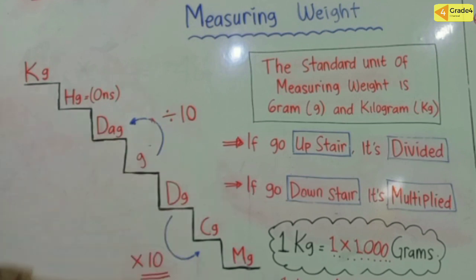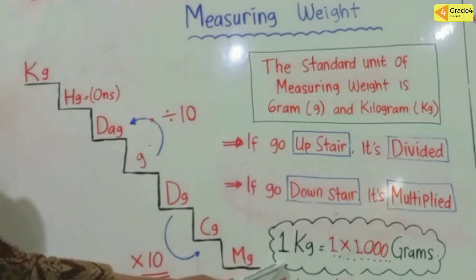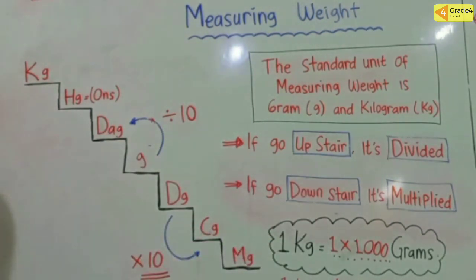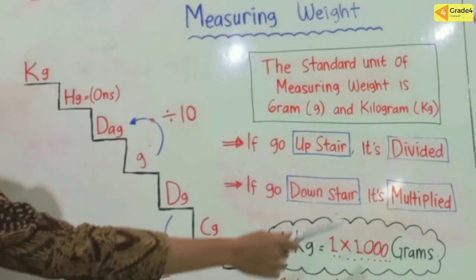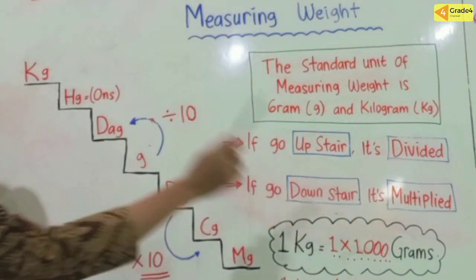For example, 1 kilogram is equal to how many grams?